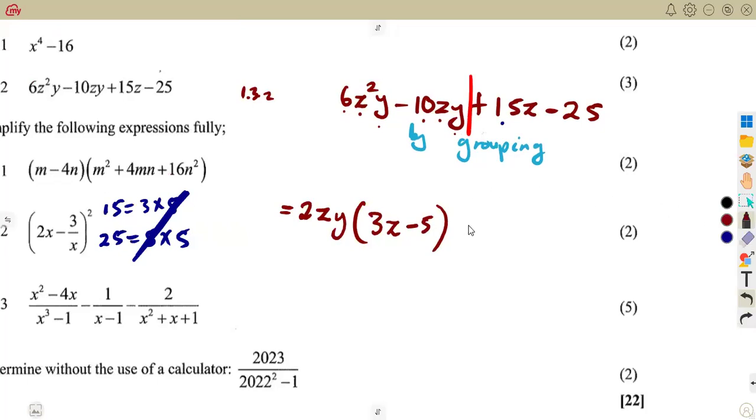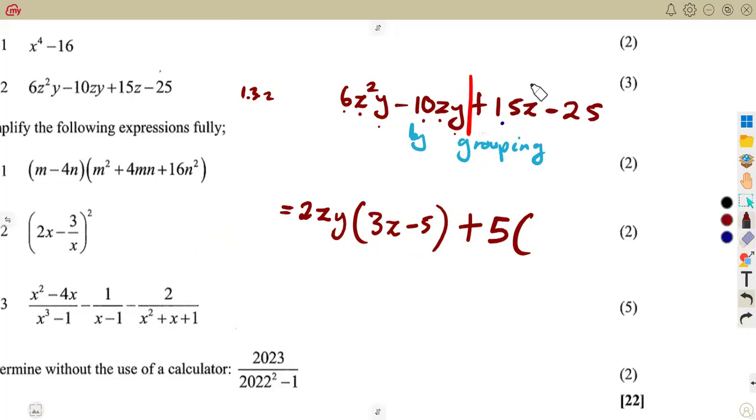But is it going to be a positive 5 or a minus 5 so that we have the same bracket as this? So our Z here is positive. So to have a z which is positive, we must factor out a positive because we already have a positive here. So we're going to factor out positive what? 5.